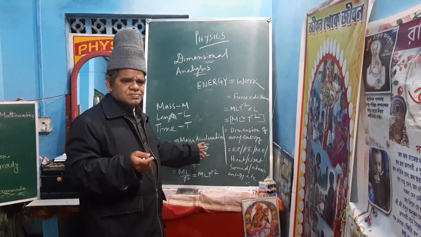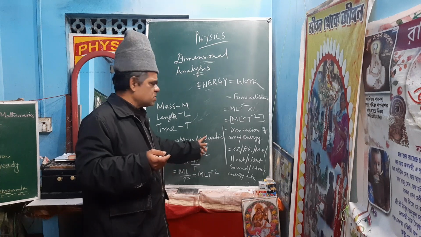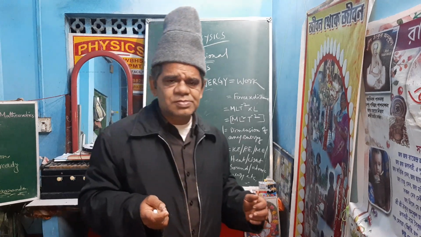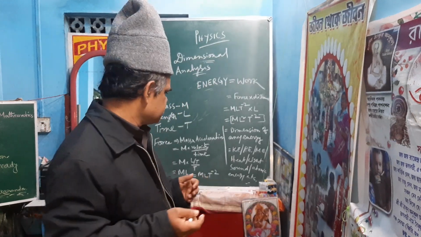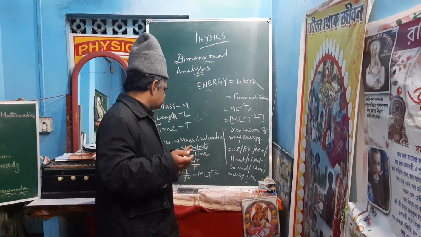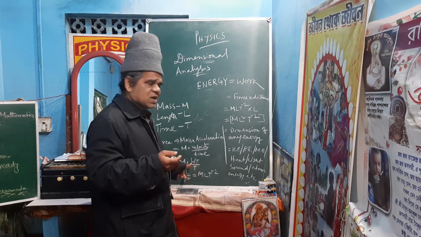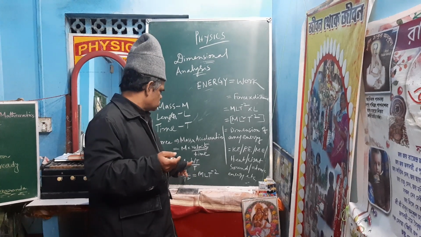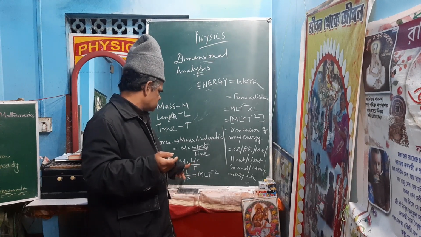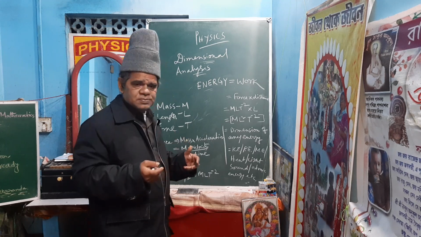And we know that acceleration is equal to velocity by time. Again, velocity is equal to displacement by time. And if we divide it by time again, we will get the dimension of force.